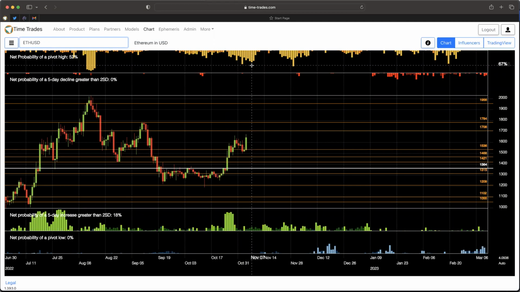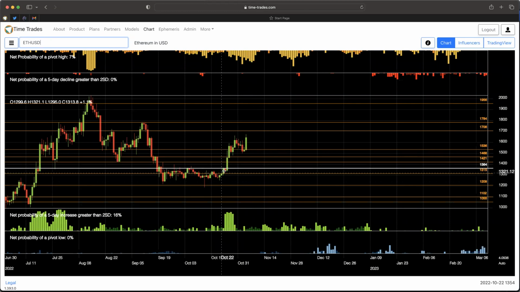So that's on Monday. The next big part of the forecast is down here, some probabilities of a move up starting November 13th, and then another pivot high November 29th. So it looks like this move up is closer to the end than the beginning.